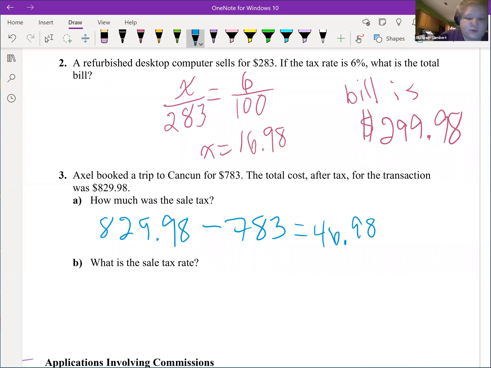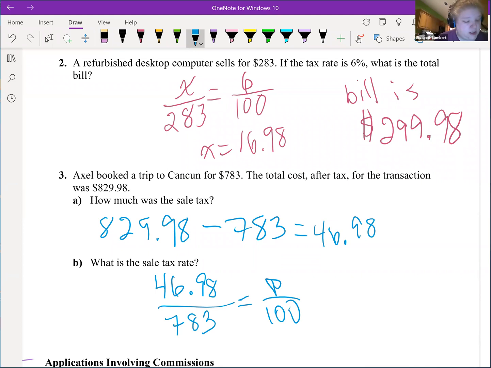Now for the sales tax rate, we would do that part, 46.98 over the 783, so we can figure out our percent out of 100. 46.98 times 100 divided by 783 gives 6%. And then this one was dollars.